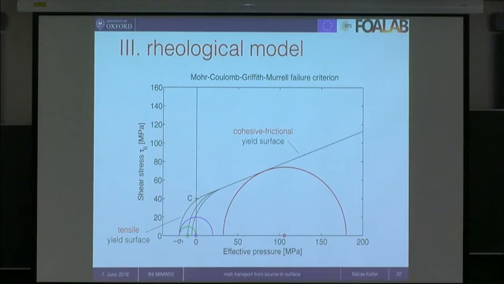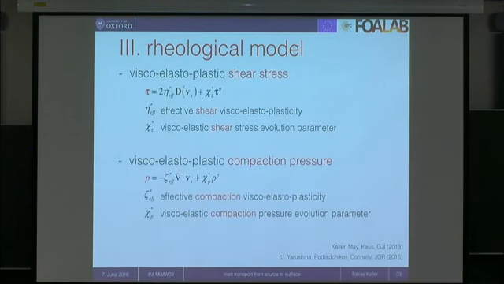And so the way that we implemented this into the magma dynamics equations is by having a constitutive law for shear stress and for compaction stress of these forms. We call this an effective viscosity approach because it is essentially writing the rheological law in a form very similar to a viscous law, just with some additional terms. So there is a term that looks very similar to the general viscous flow law, and then an additional term which takes care of the elastic stress evolution.